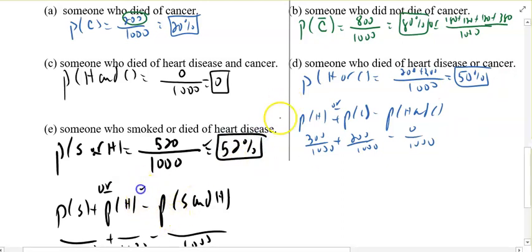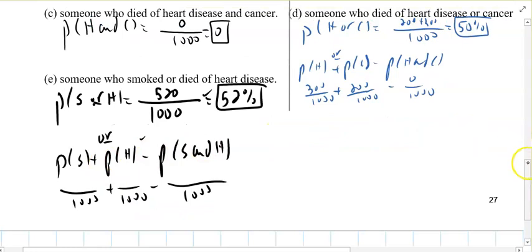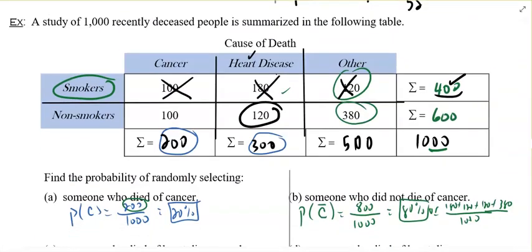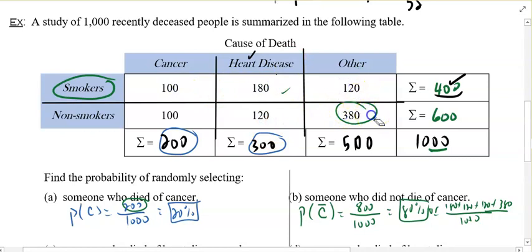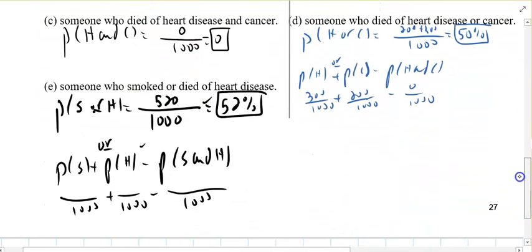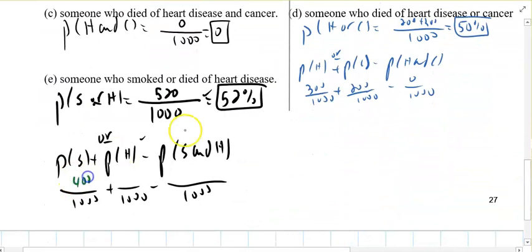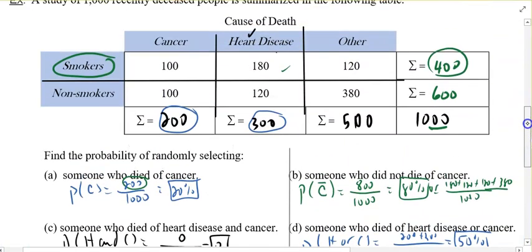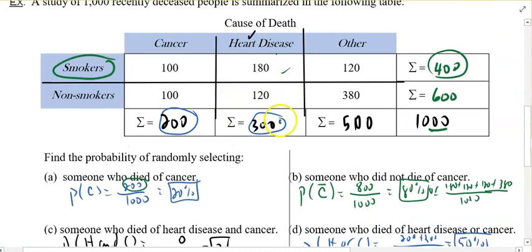If I want to go by this formula, probability of a smoker, that's 400 out of 1,000. Probability of heart disease, how many people have heart disease? 300.